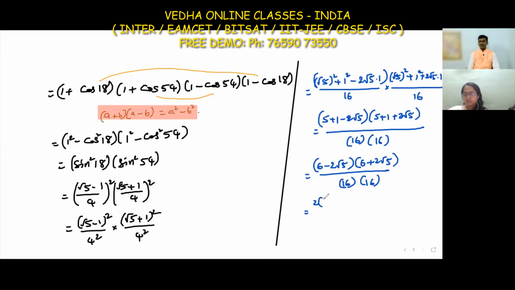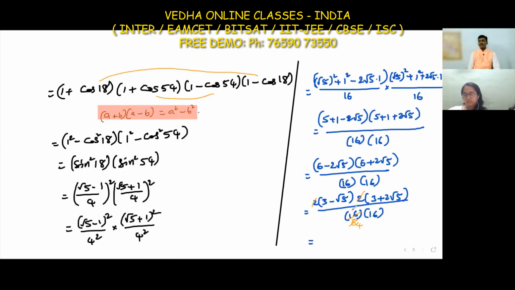Taking 2 common here gives 2 times 3 minus root 5, and again 2 common in this gives 3 plus root 5, whole divided by 16 into 16. Okay, we can cancel here: 2 eights are 16 and 2 fours are 8.